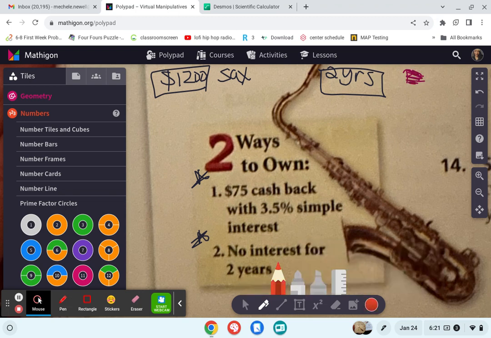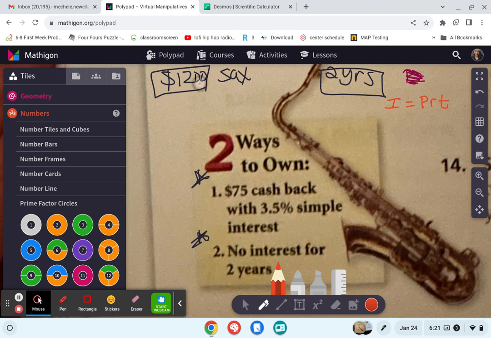If you want to find the interest of a thing, it is the principal amount times the rate times the time. Now you're just gonna plug in what you have when it comes to finding the simple interest. And that's what we need to do here.